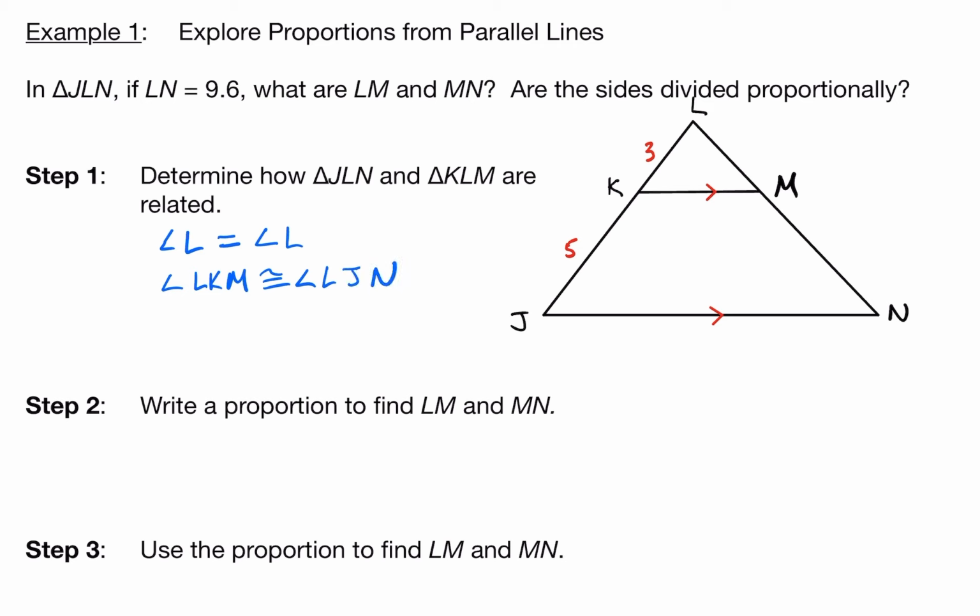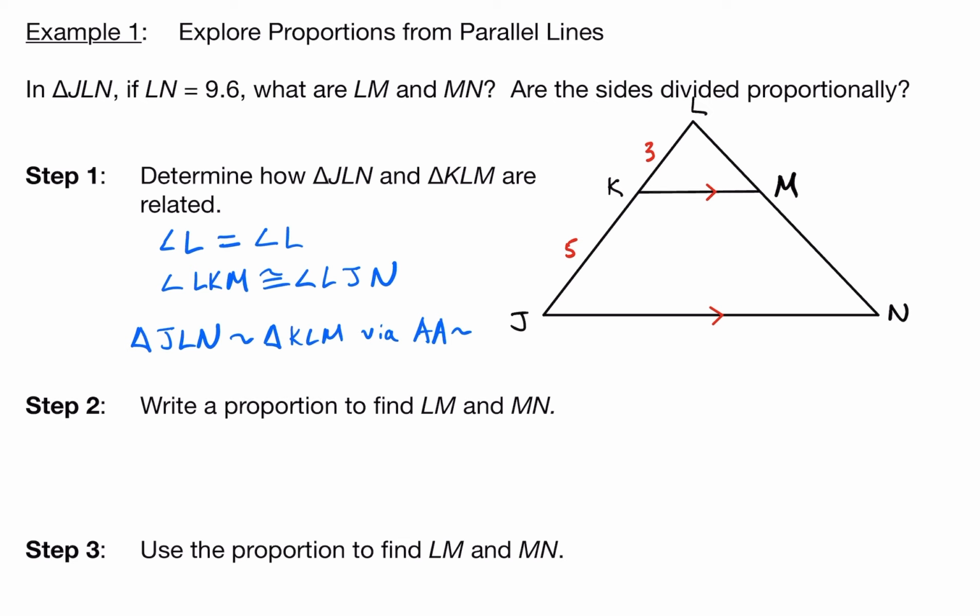So what we can conclude then is that triangle JLN is similar to triangle KLM via angle similarity.